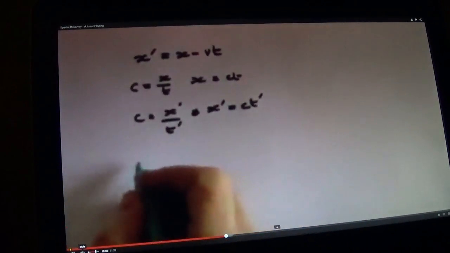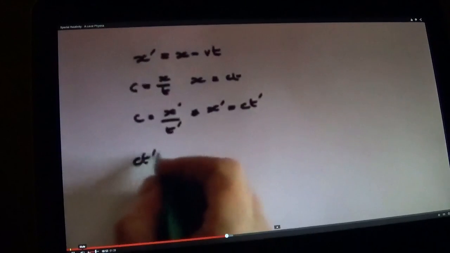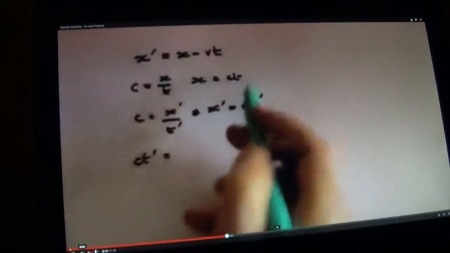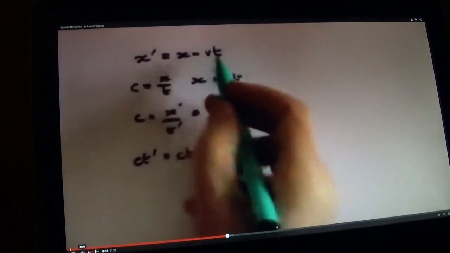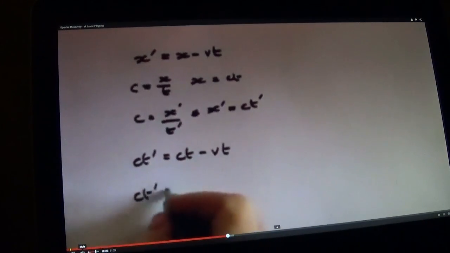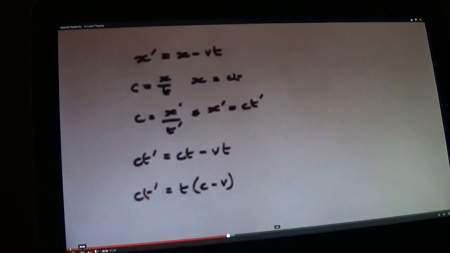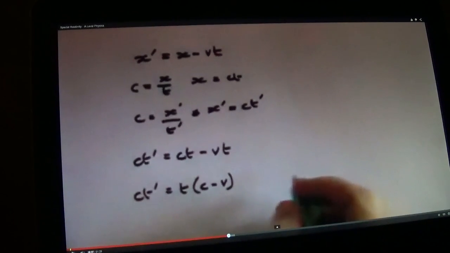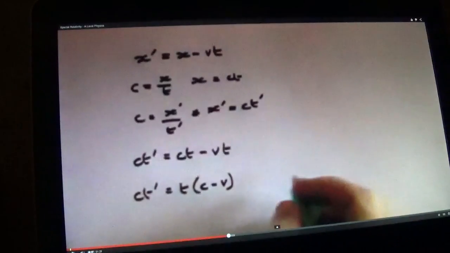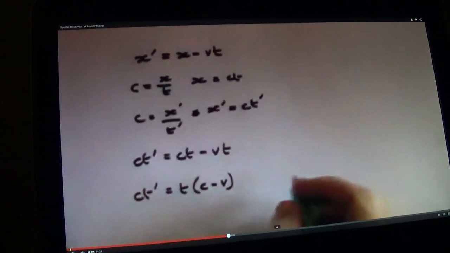X prime is ct prime, so up here, x prime is ct prime equals x, well that's ct, minus vt, which means that ct prime is equal to t into c minus v. Now, if... and I'll remind you, he's using that, so at the moment it's still 0 equals 0.